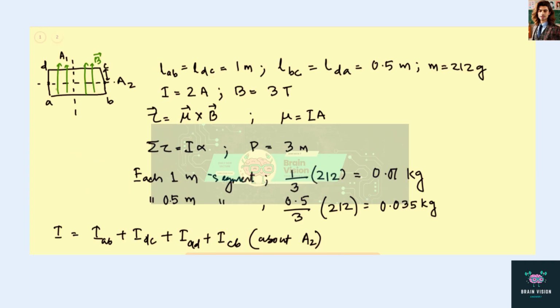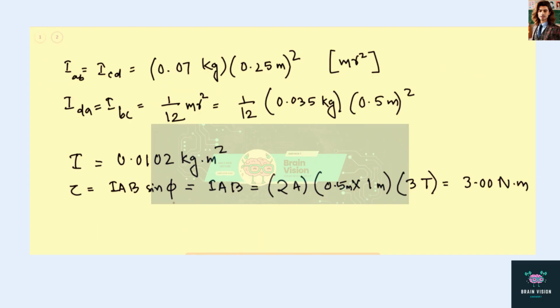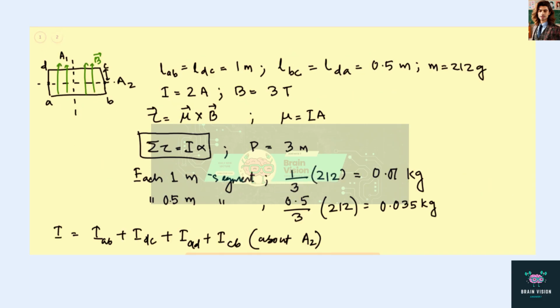Now we can use this equation over here. This is the total torque we found, because the rest of the torques are basically zero.